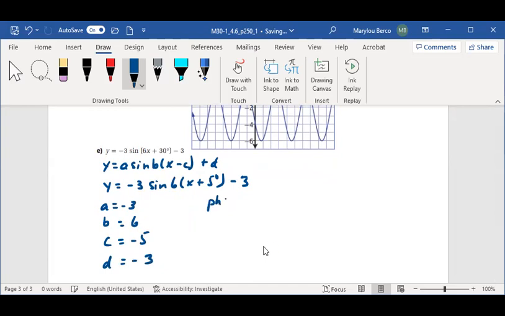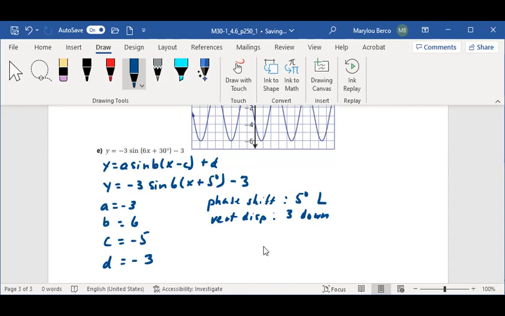So the phase shift is 5 degrees left, and the vertical displacement is 3 units down.